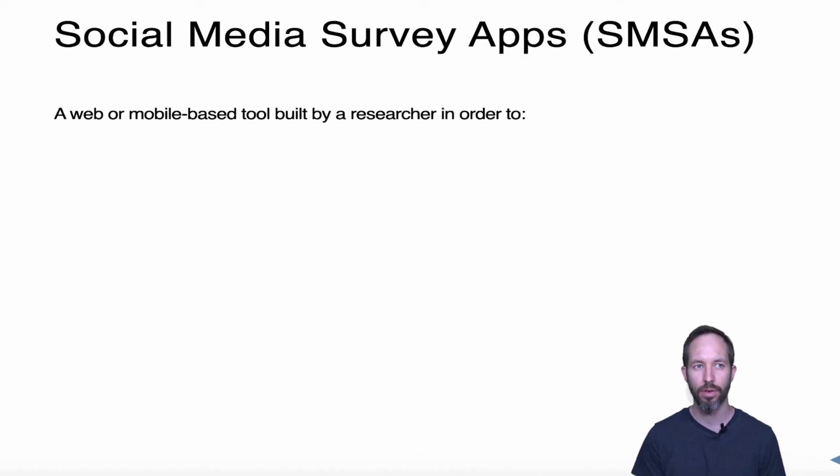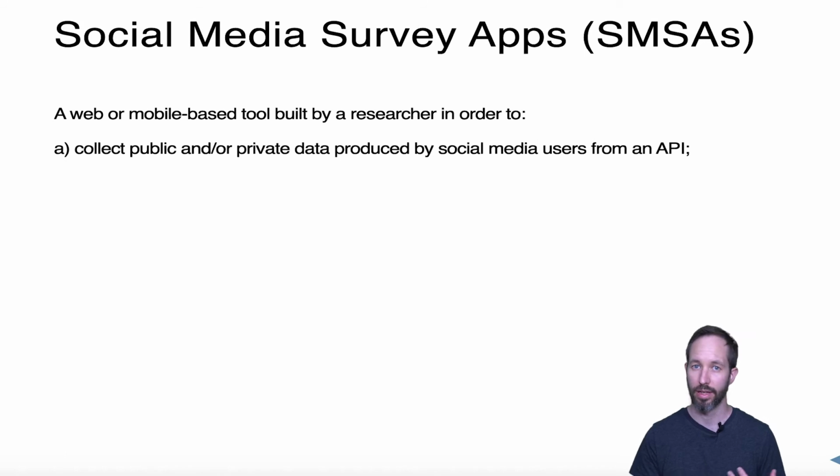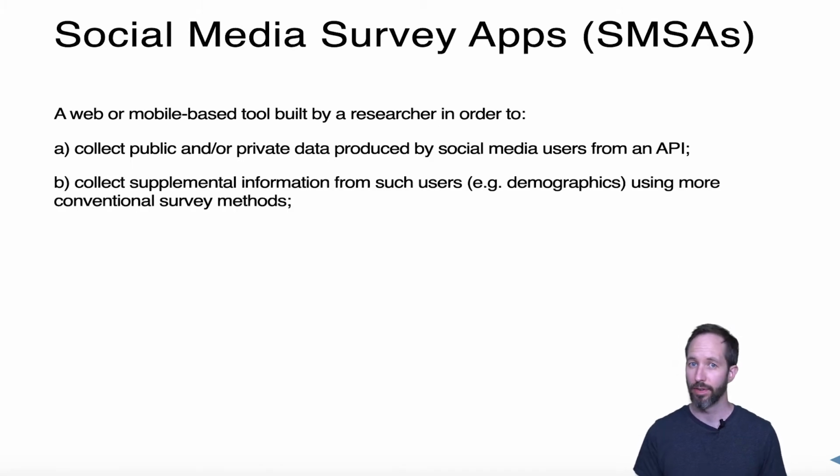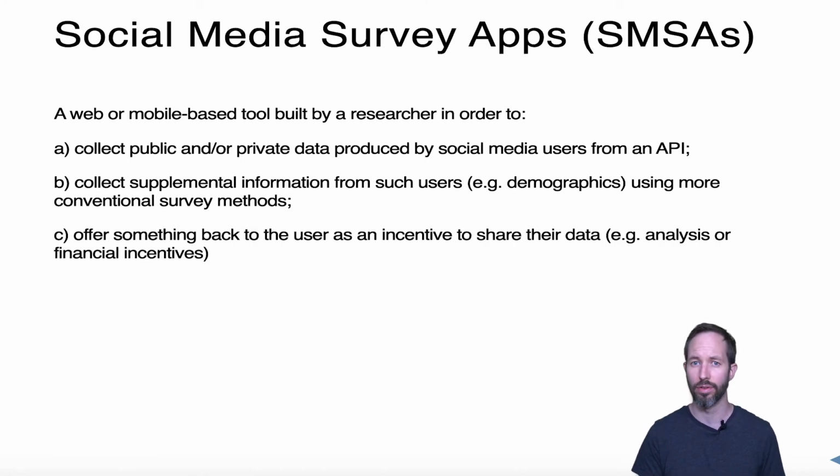Formally, these are a web or mobile-based tool designed to allow a researcher to collect public and/or private data from social media users, probably from an API or application programming interface, collect supplemental information about those users, for example their demographics or something else that the researcher cares about, using more conventional survey methods like an online survey, and offer something to the user as an incentive for using the app.